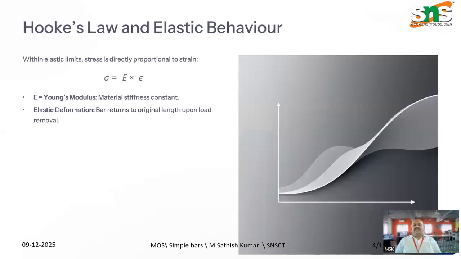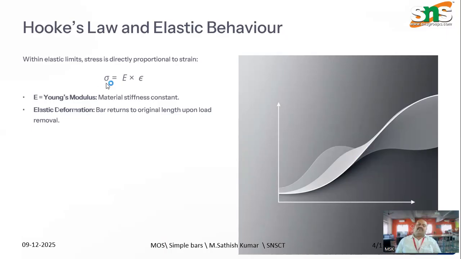So we have seen what Hooke's law is and its elastic behavior. Within the elastic limit, the stress is directly proportional to strain. Whenever a body is subjected to stress, there is a strain, and within the elastic limit, if the external load is removed, the body comes back to normal, and both stress and strain are proportional to each other.